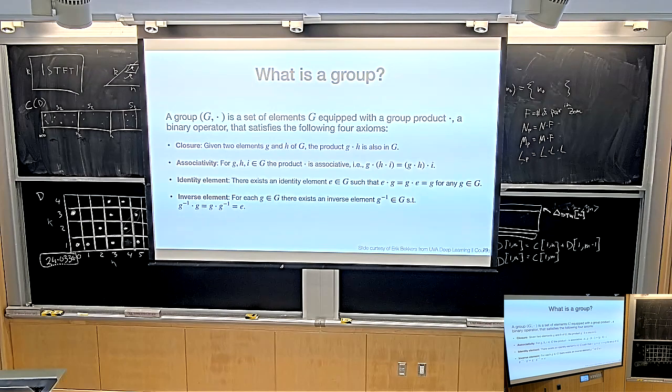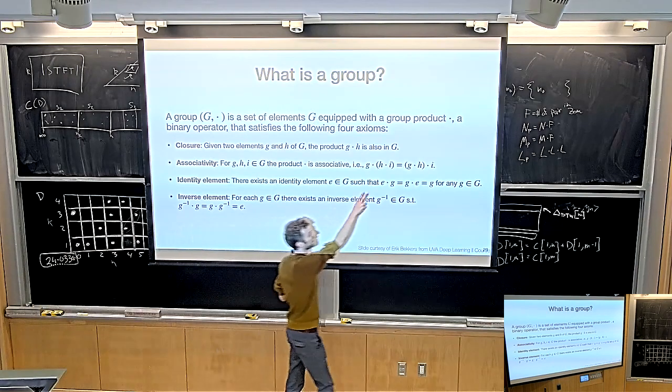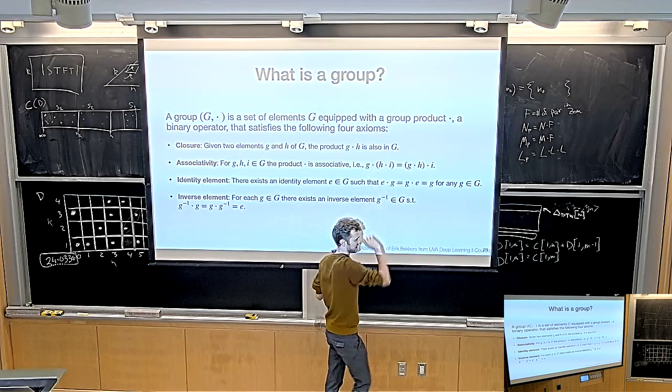If you take two rotation matrices and you multiply them together, then what do you get? Another rotation matrix. Rotations are one example of a group. Another property is associativity. Well, self-explanatory. If you have three elements of a group, G, H, I, then you can factorize it like that.